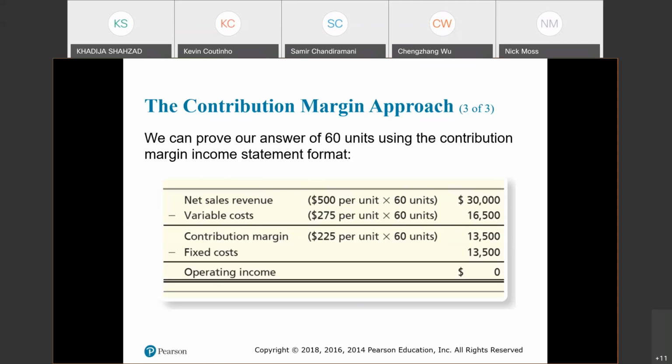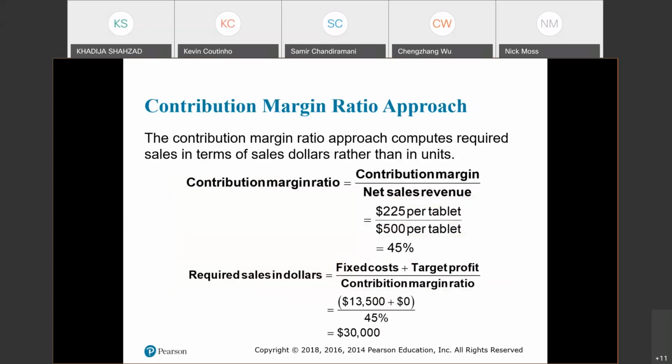This slide illustrates how we can prove our answer using the contribution margin income statement format. Okay, last method.